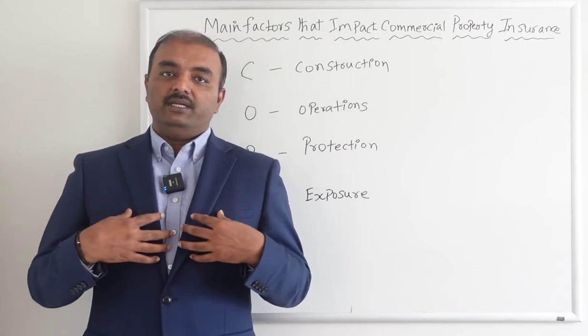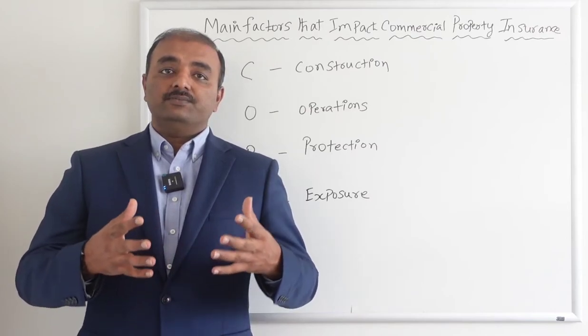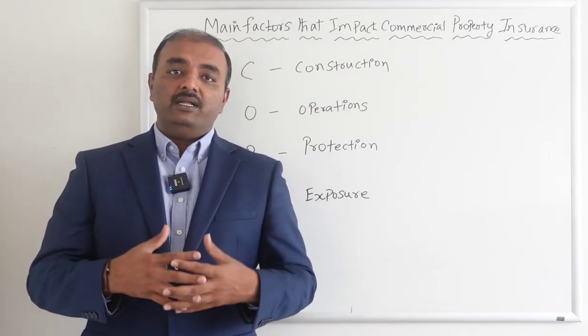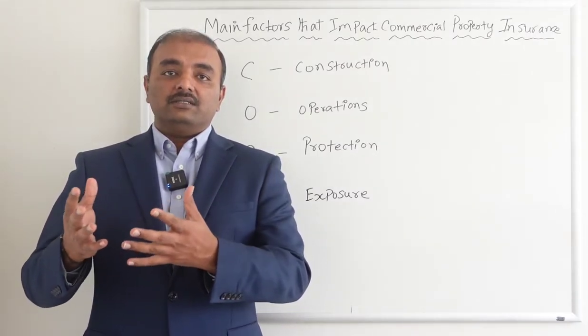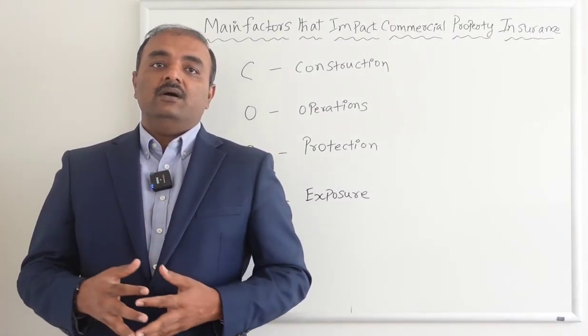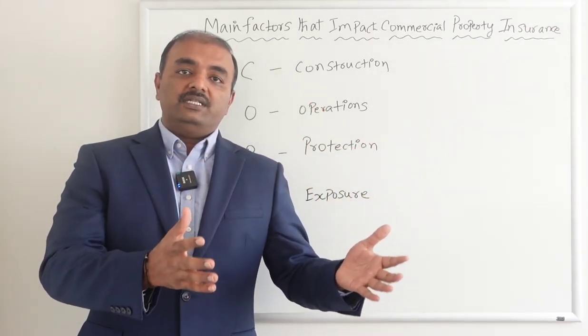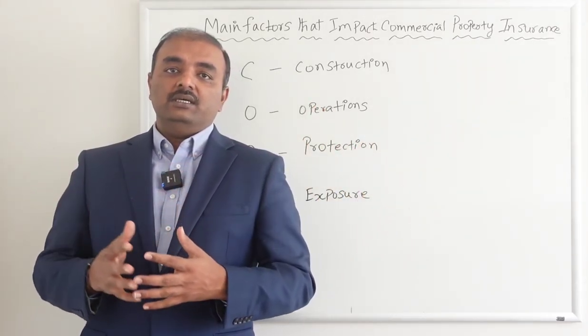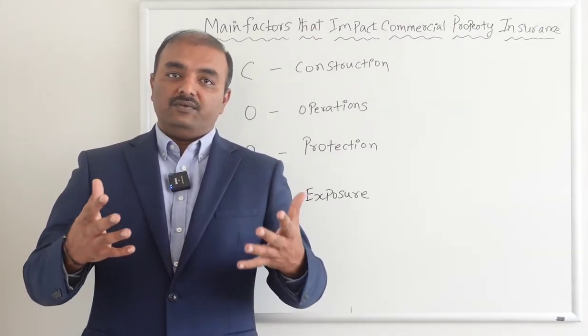Say I have a company, I run a business, I have my building, I have business personal property within my building, or if my building collapses, I can have some loss specific to my income or extra expenses. Maybe I have to move my temporary properties from one location to another location. So I too have some loss exposures, which means the possibility of loss.